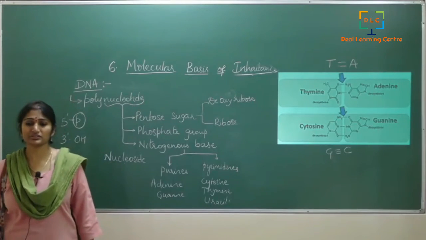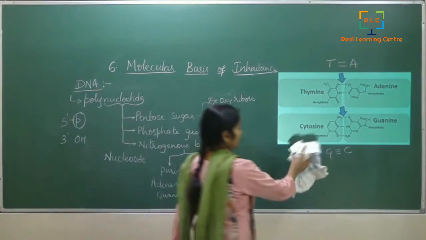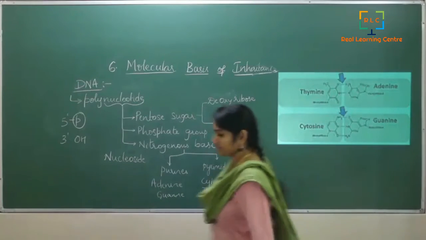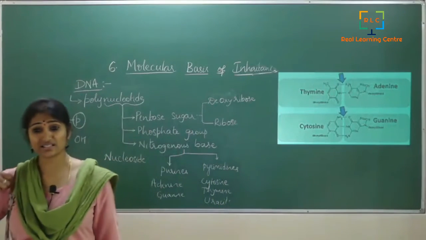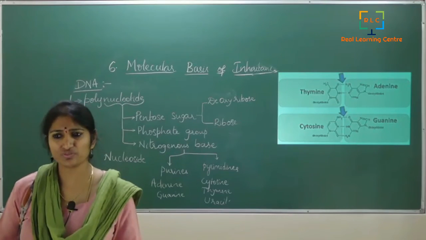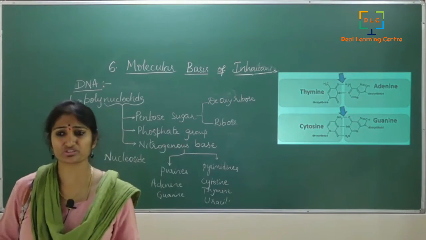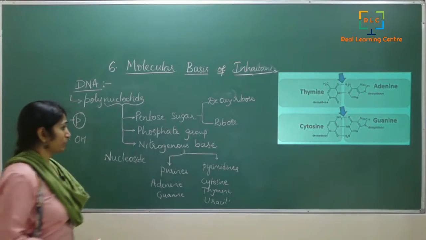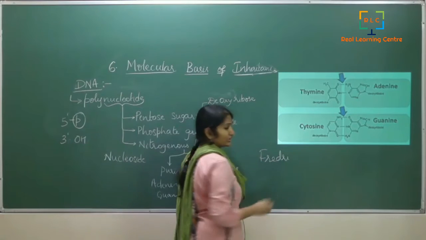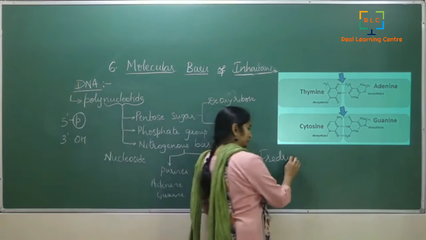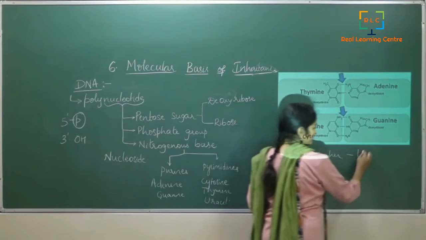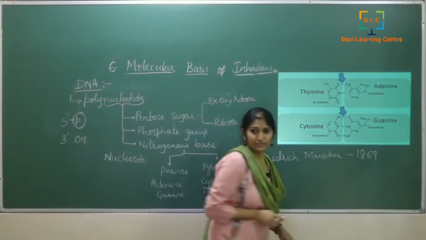Now, basically, this whole of DNA is an acidic substance. Okay, and this was first identified as an acidic substance present in the nucleus by a scientist named Friedrich Miescher sometime in the year 1869.